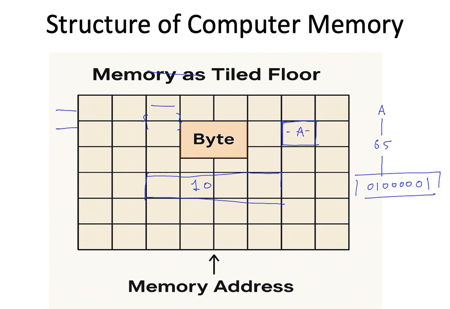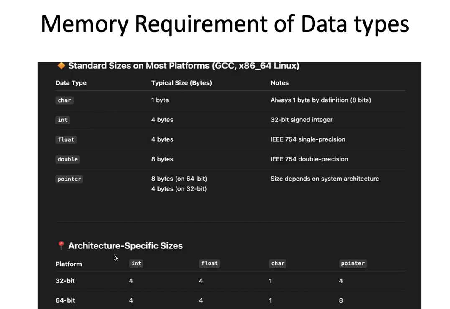So now let us see what are the memory requirements for other data types. For example, if you want to store a float type data, you will need 4 bytes of memory to store one float. For example, if you want to store 10.4, I'll need 4 bytes of memory. If you want to store double type data, you will require 8 bytes. Right? And pointer, what is pointer? We are going to discuss this in great detail in the coming videos.